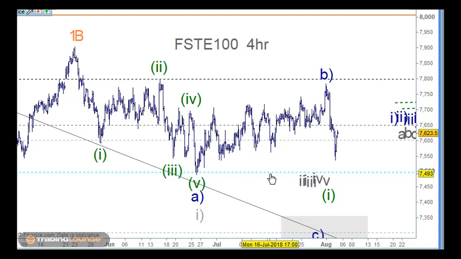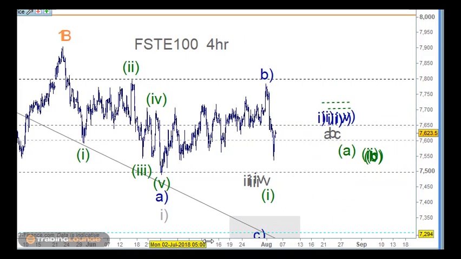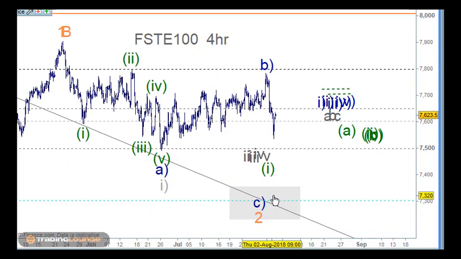But at the same time, this move down through here really makes it corrective at this stage. So we need to look at this C wave being in play here, which will be down here. So I can just move that across a little bit and put this here, which means it gives a different pattern to the AEX too, doesn't it.